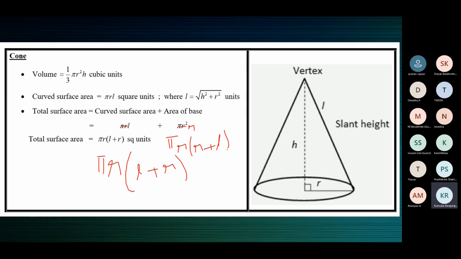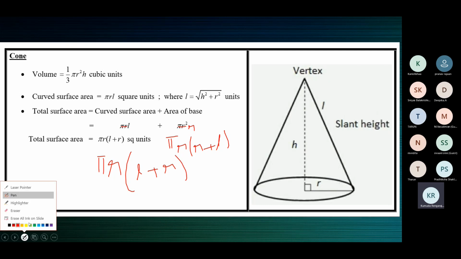Two-dimensional, square units; three-dimensional, cubic units; one-dimensional, like the slant height, simply units. That's all, children. Curved surface area is pi RL, total surface area is pi r into r plus L, or L plus r.